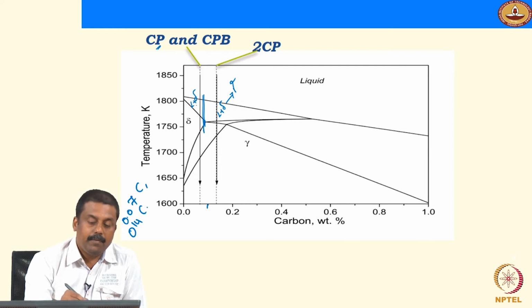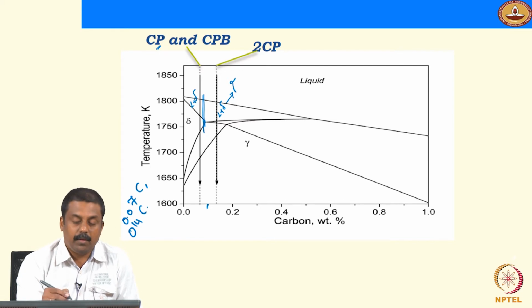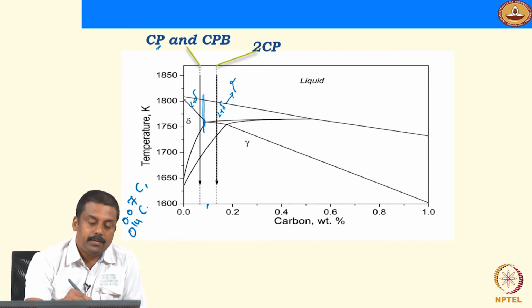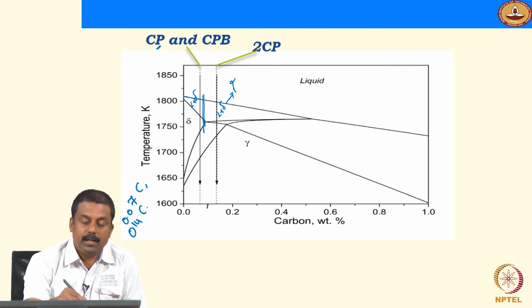For example, if you have direct solidification to delta ferrite, the partitioning of carbon to liquid will be maximum, because the solubility of carbon in delta ferrite is much smaller than the solubility of carbon in austenite. So when a liquid solidifies directly into delta ferrite, your liquid will be enriched in carbon, given by the carbon in liquid line.